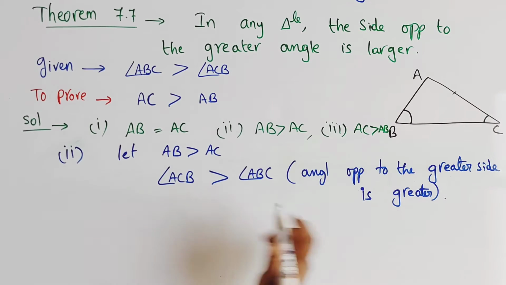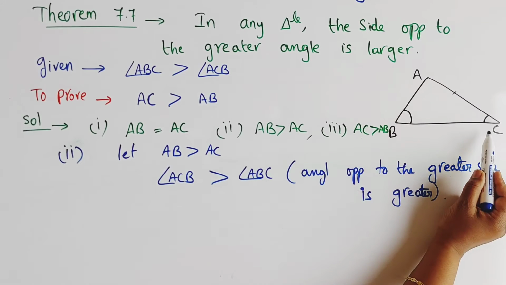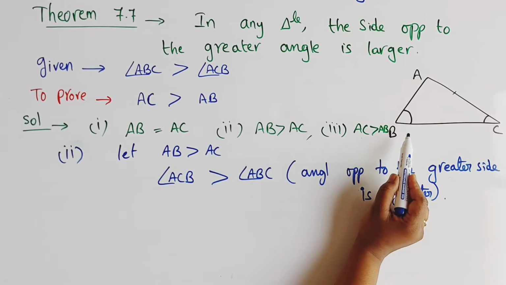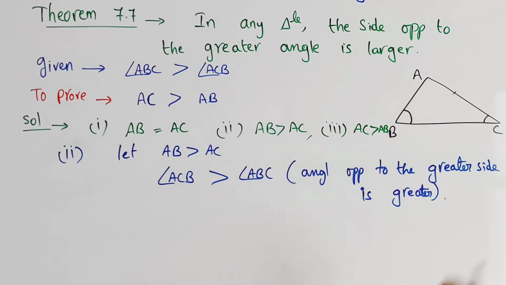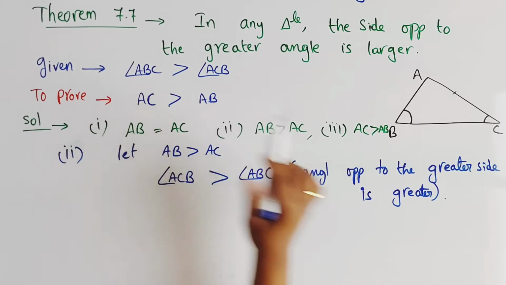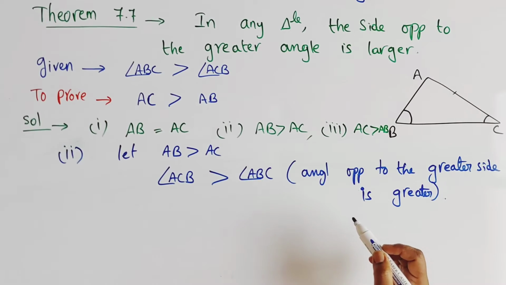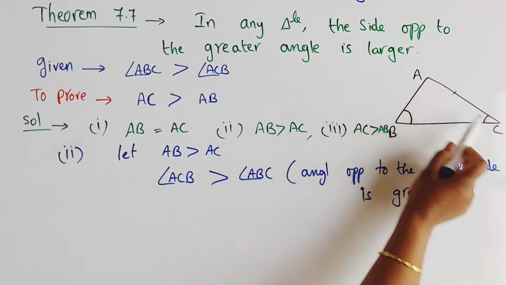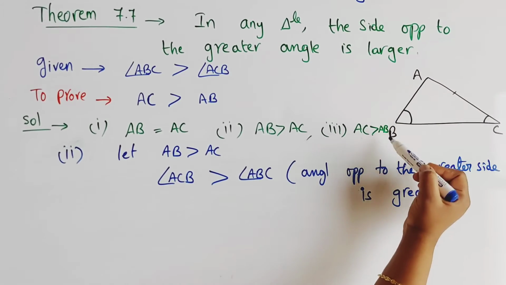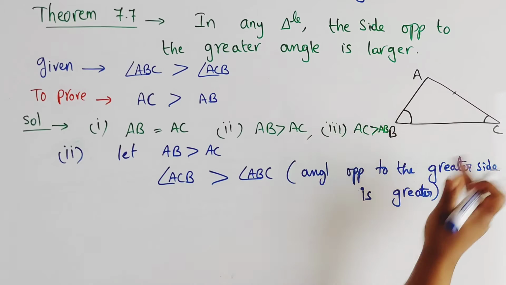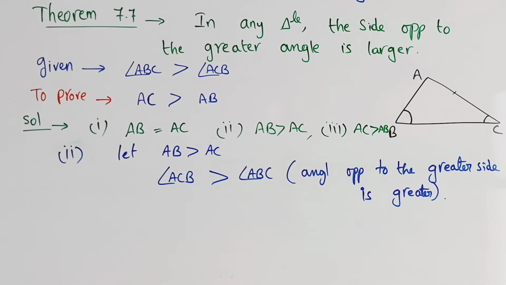So that means angle ACB is greater than angle ABC according to case 2, if AB is greater than AC. But here we took that angle ABC is greater than ACB. Right, children? Here we took that AC is the larger side. That means angle ABC should be greater than angle ACB. Again, this is also wrong.